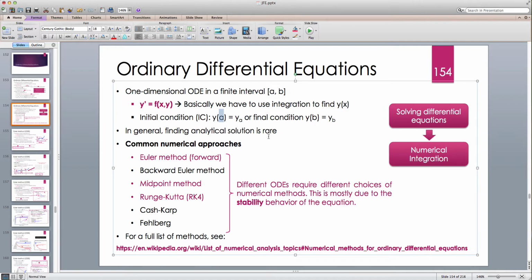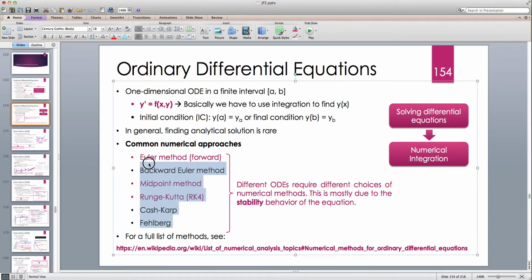Both are possible. And we said that the common numerical approaches, the very basic one is the Euler method, forward Euler method, and then backward Euler method, midpoint method, Runge-Kutta method. In particular, we talked about Runge-Kutta fourth order. And later we will talk about the general family of the Runge-Kutta, which also includes Cash-Karp method and Fehlberg method.